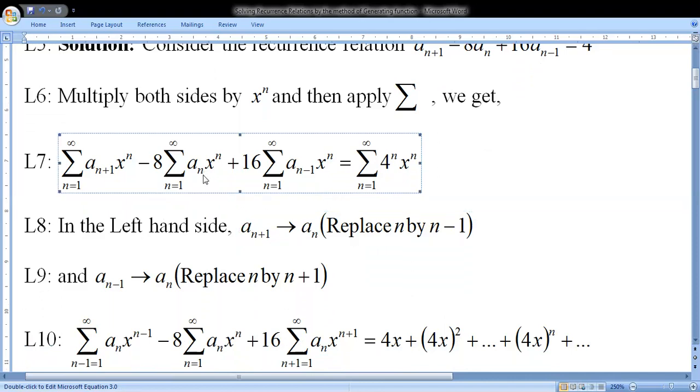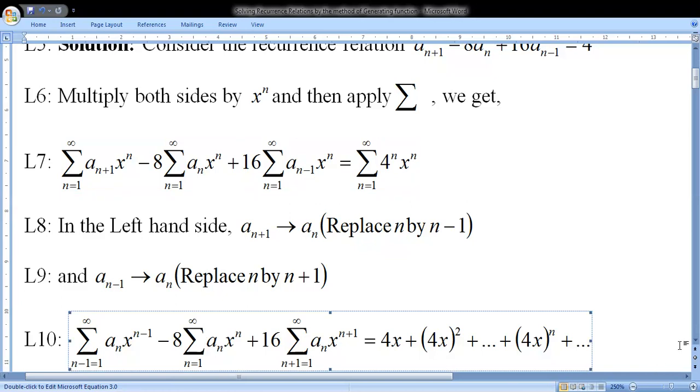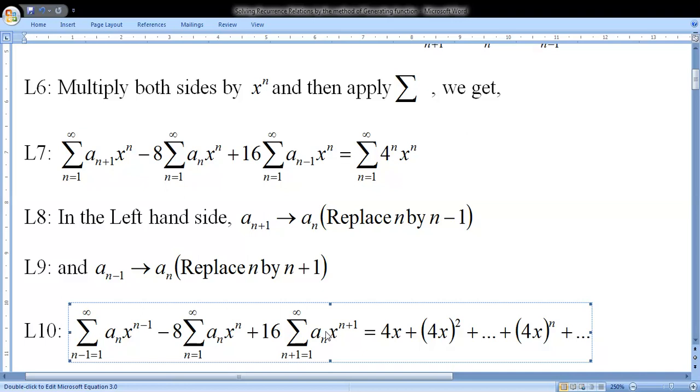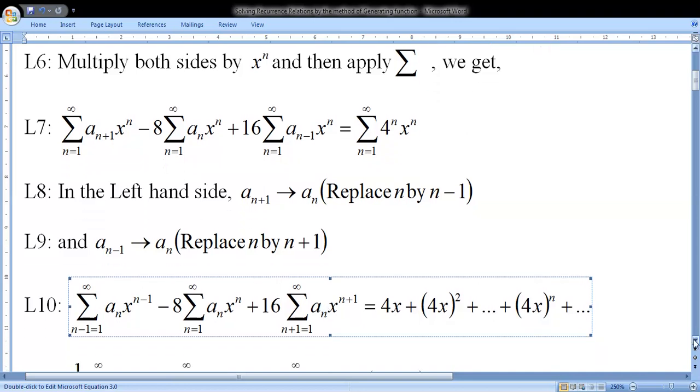The middle term already has a_n. So we replaced n by n minus 1 in the first term, kept the middle term as it is, and replaced n by n plus 1 in the third term. So we got line number 10.